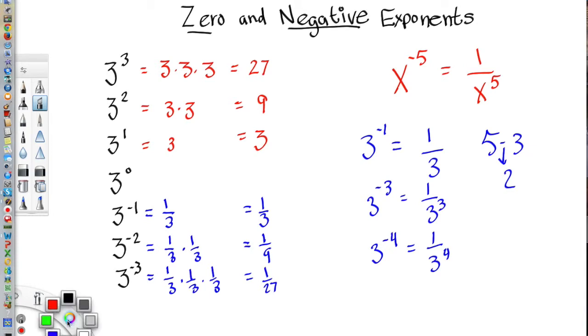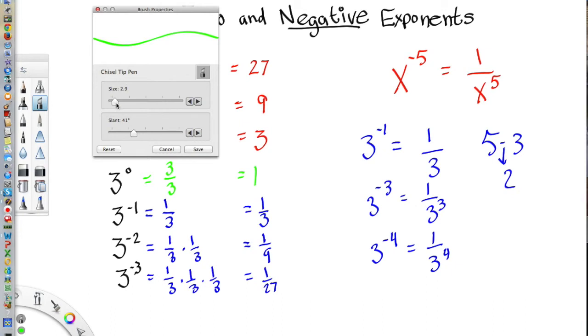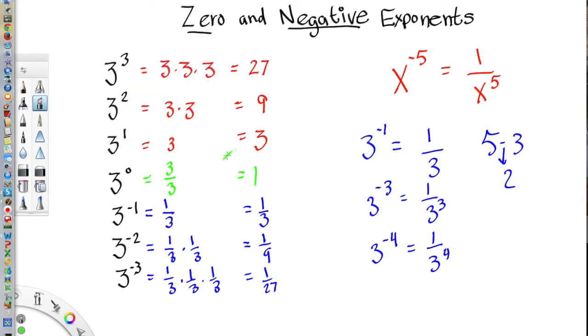Well, that leaves us, what about the 0? Here's kind of the funky thing. 3 to the 0 power is going to be 3 divided by 3, which is 1. In fact, anything, I'm going to write this really big.